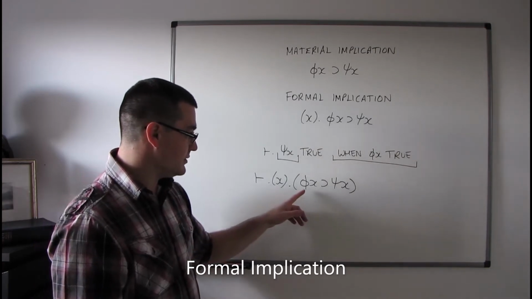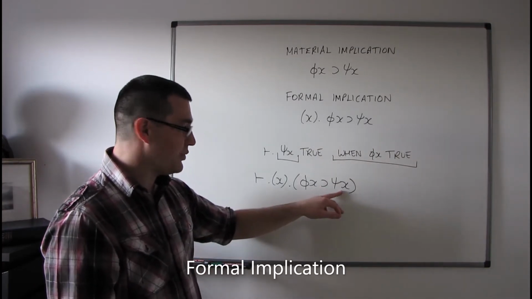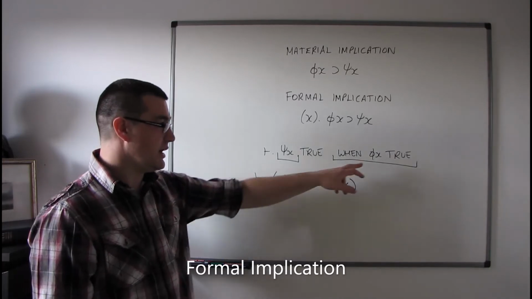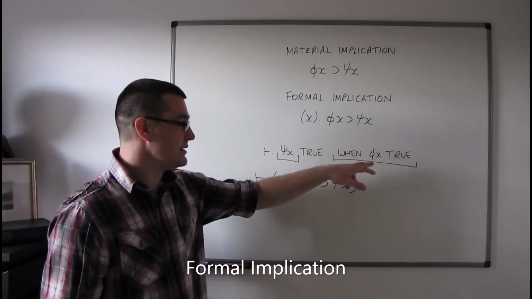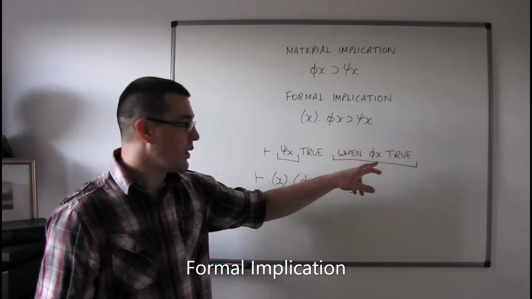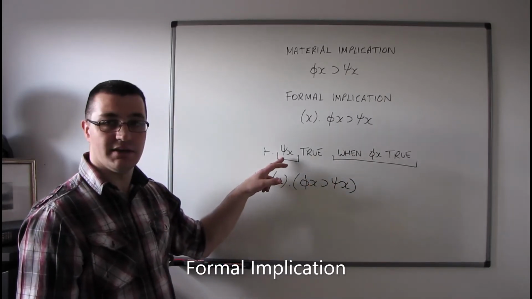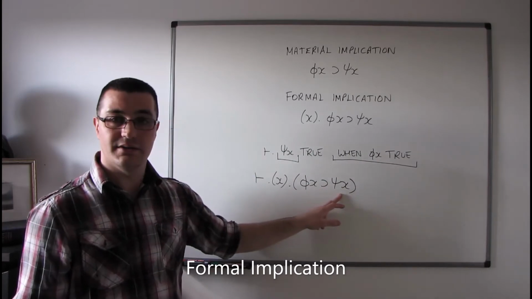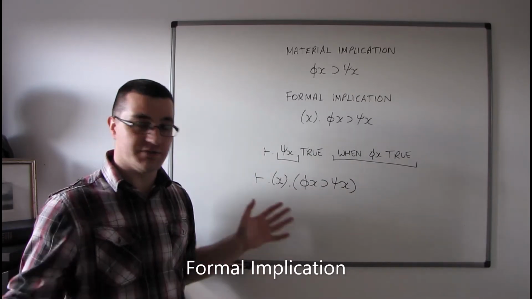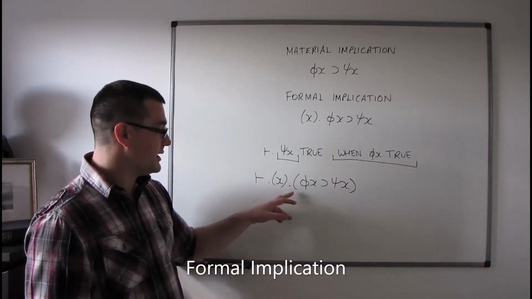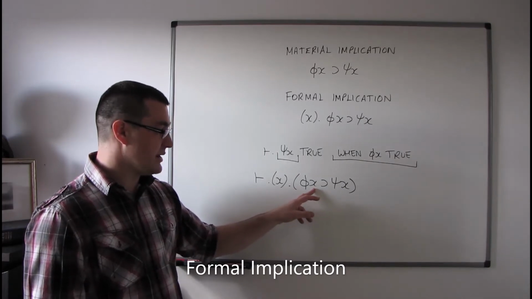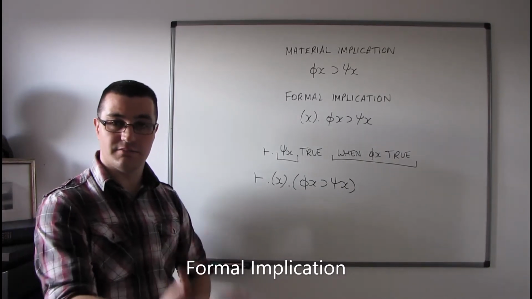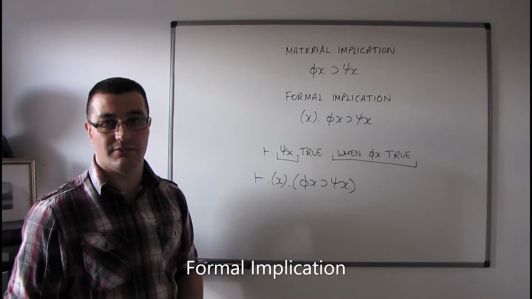So there's no reason why I can't put the values of x that make phi false into psi. It's just I don't want to consider them here. But here I can. I open up the whole range of possibilities, irrespective of whether x is a value that makes phi true or whether it makes phi false.